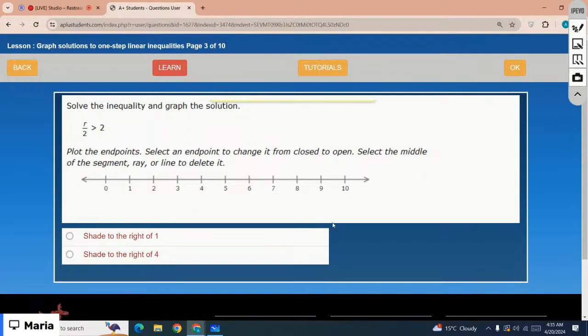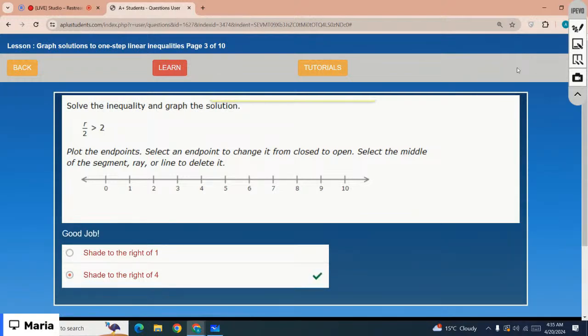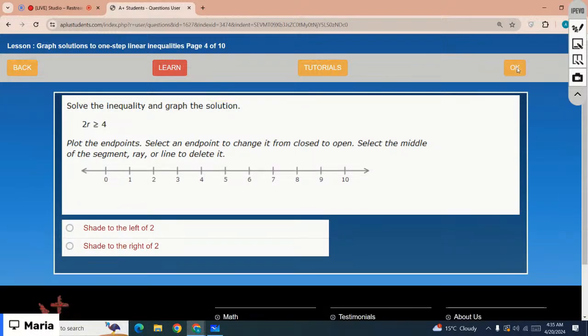Yes, that is shade to the right of 4. Solve the inequality and graph the solution.